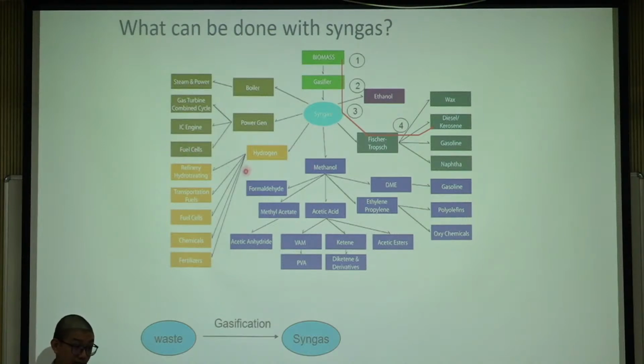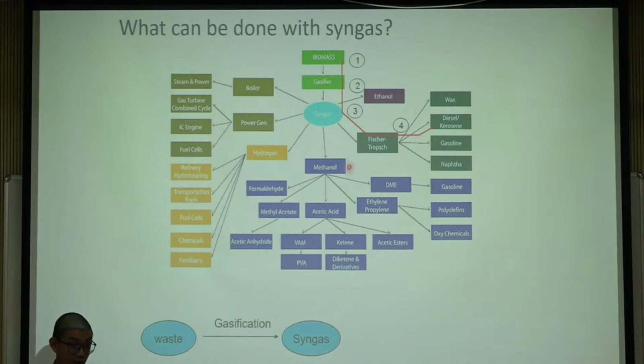The syngas contains hydrogen, and there are more applications for hydrogen: in your fuel cell, and also transportation, where we have hydrogen vehicles. It can also go through the refinery, and the hydrogen power plant to generate electricity as well.